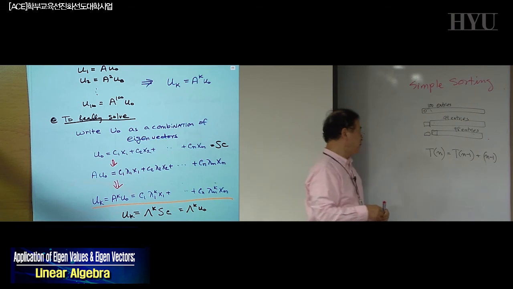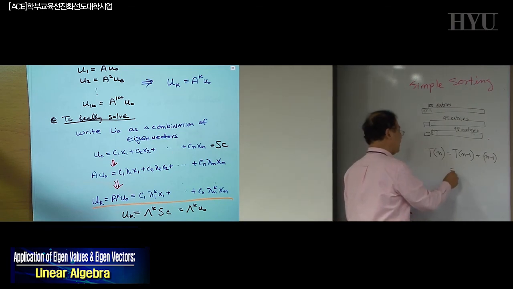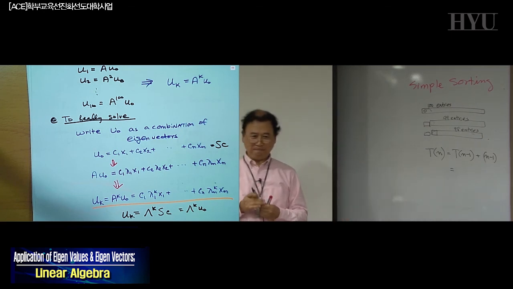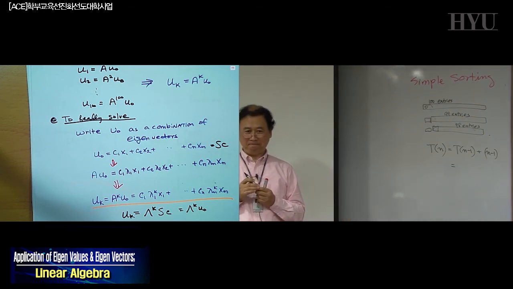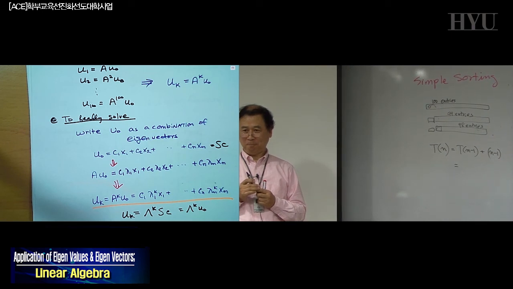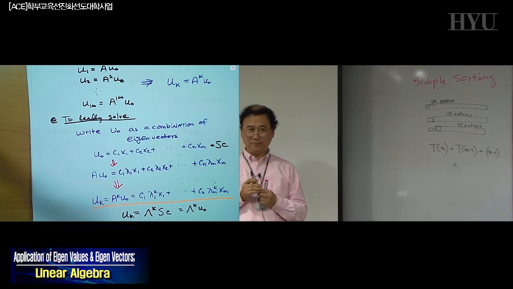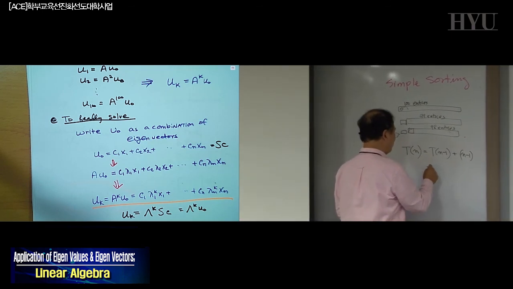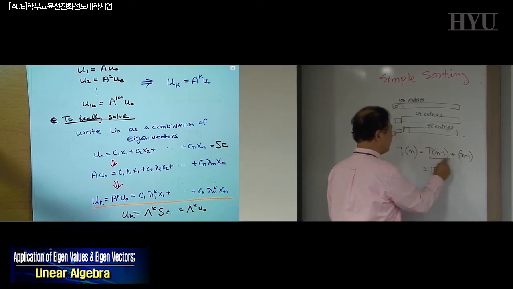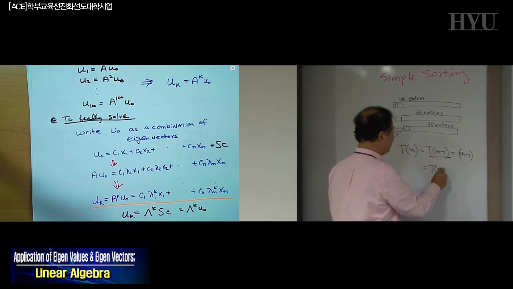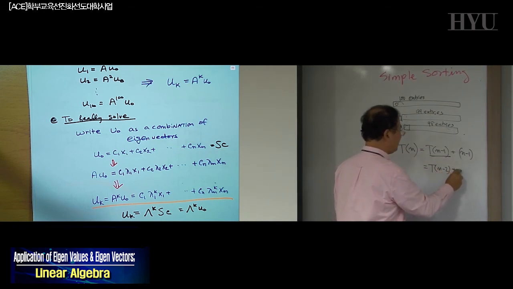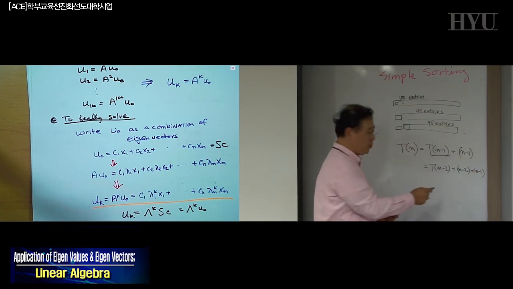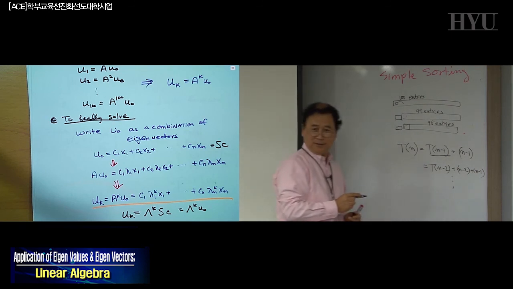From here, you say, okay, I like a closed form formula somehow. What's the closed form formula for this? Once again, you just expand this, right? T(n-2), then n-2, n-1, right? Just go on, right? Reasoning, right?